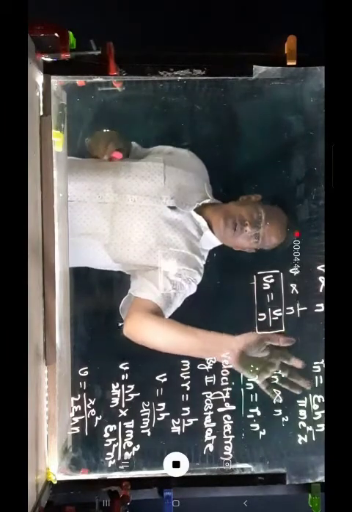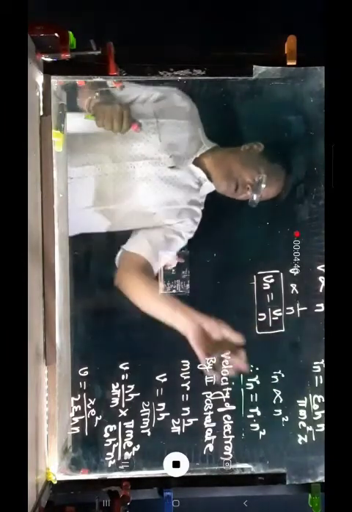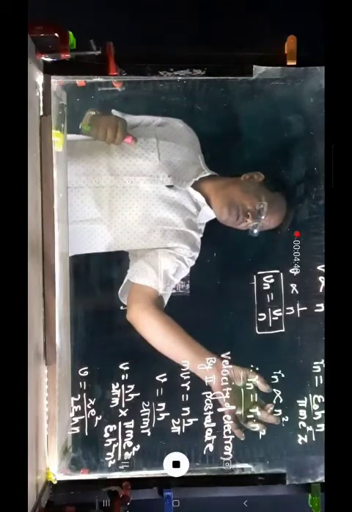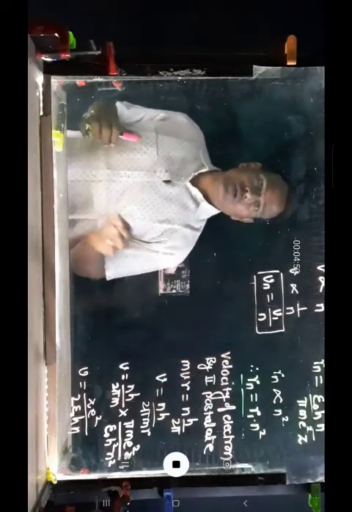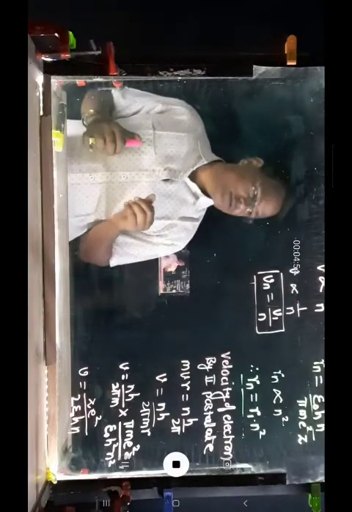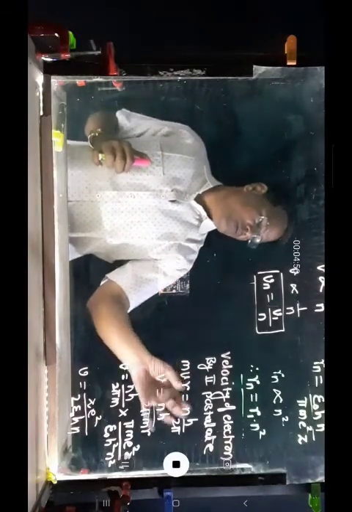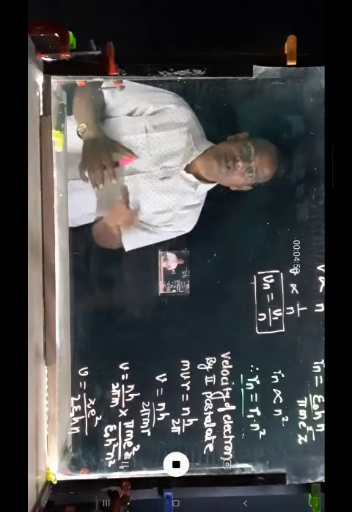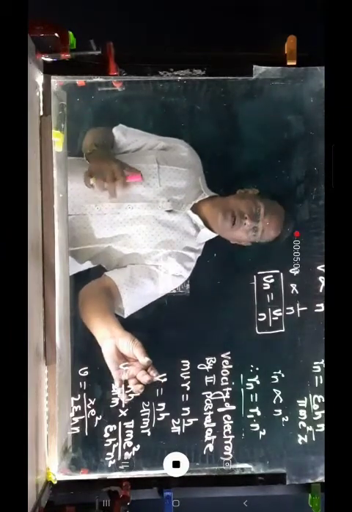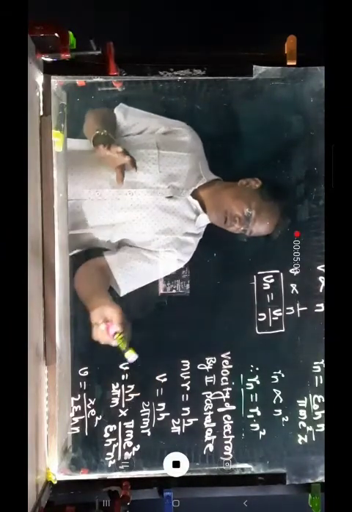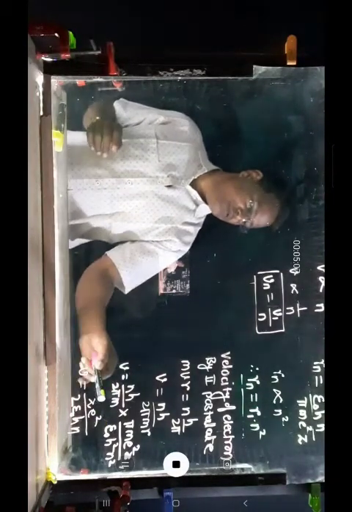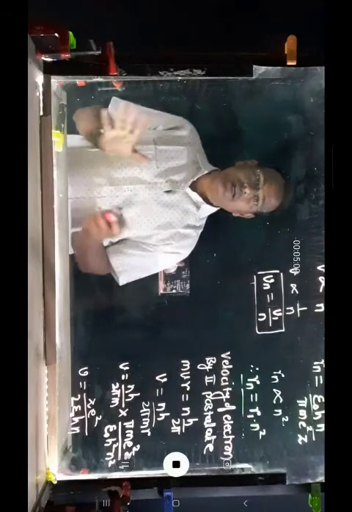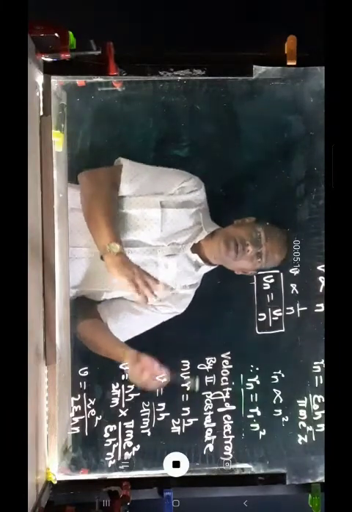So the radius of the electron in Bohr's orbit is directly proportional to the square of the principal quantum number. Using the second postulate suggested by Bohr, angular momentum is equal to an integer multiple of h by 2 pi. We can write the velocity using the radius expression. Finally velocity is equal to Z into e square, where Z is the atomic number for different elements other than hydrogen.